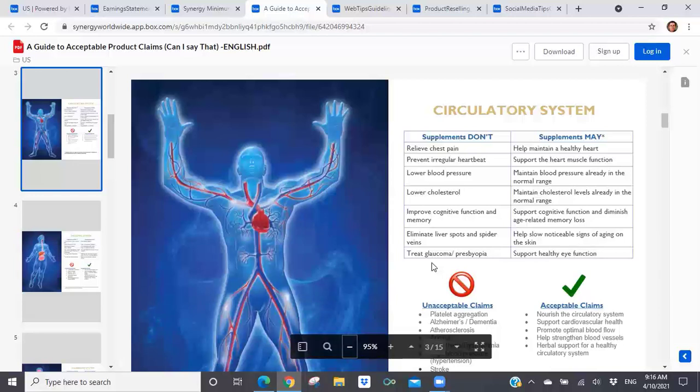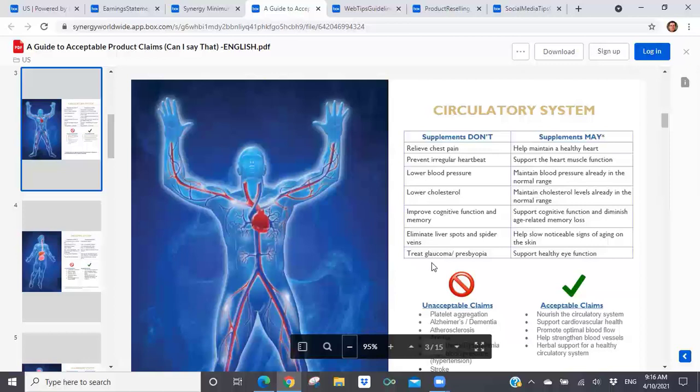In fact, on the Tuesday night webinar that I do for the Barbados group, I got specifically asked that question. And I cannot say that Proaction Plus can benefit a person with glaucoma. But what I can say is that Proaction Plus supports healthy eye function. So all you can do is have a person use the product and see how it benefits them.